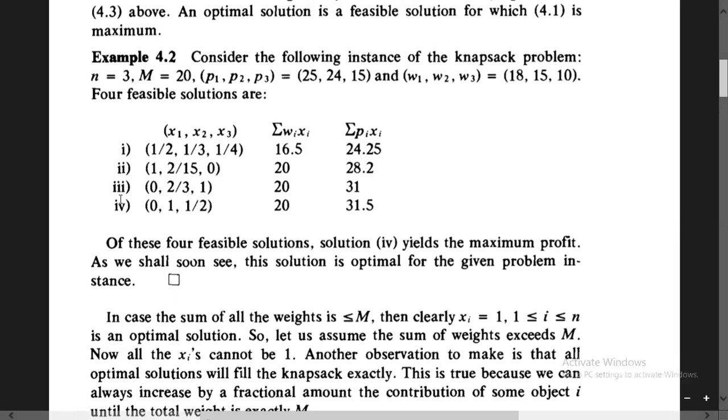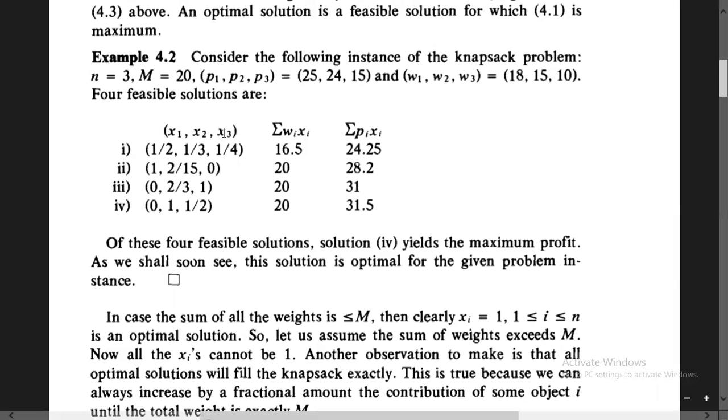Now we will consider each solution. Look at the profits. P1 is going to give us the maximum profit, so P1 will be 25.